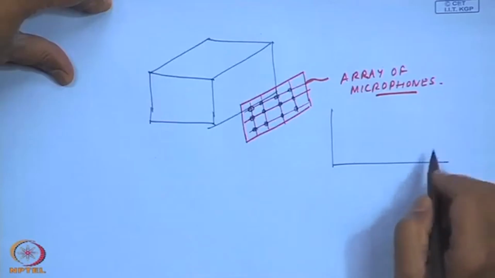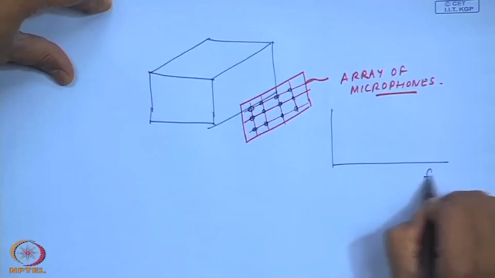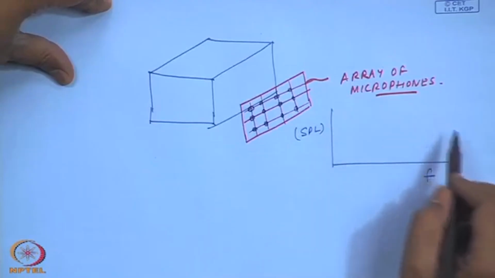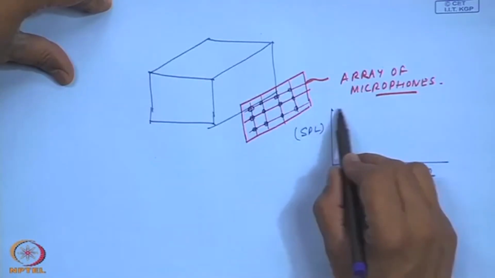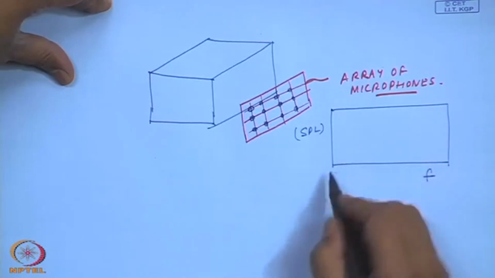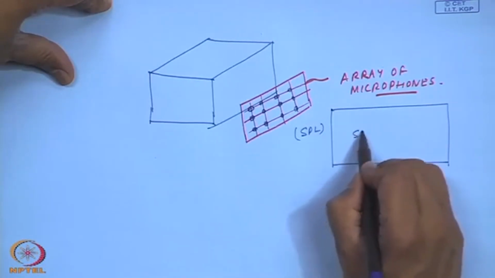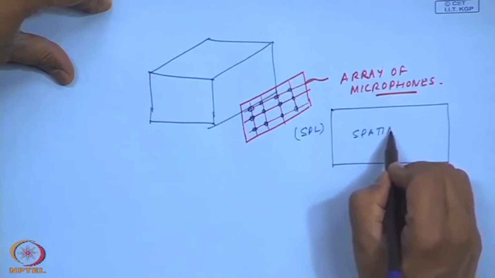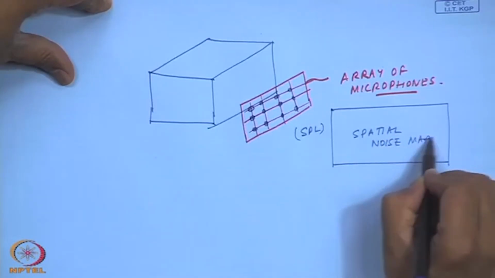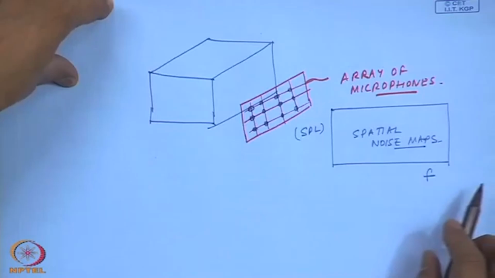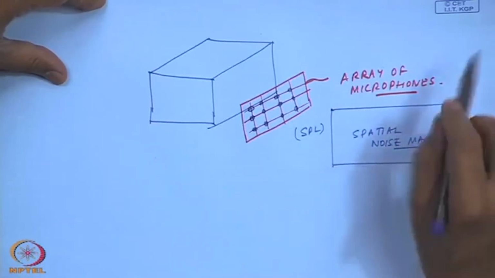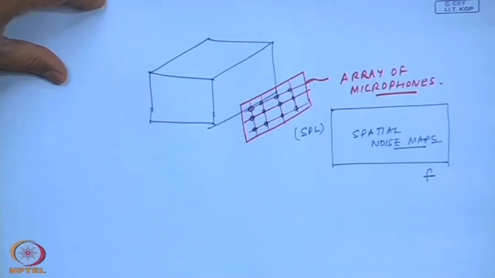And if I look at the sound field, for every frequency I can get some maps, a spatial noise map. And because these are non-stationary, these maps are going to change.